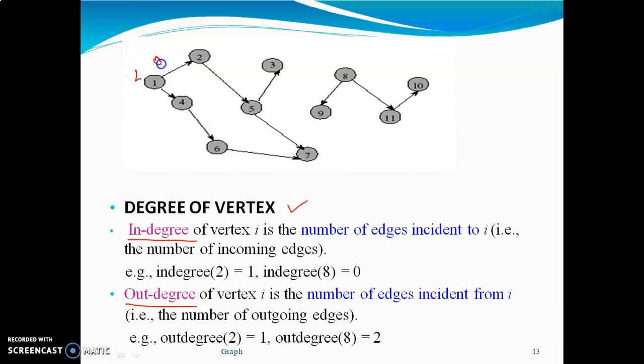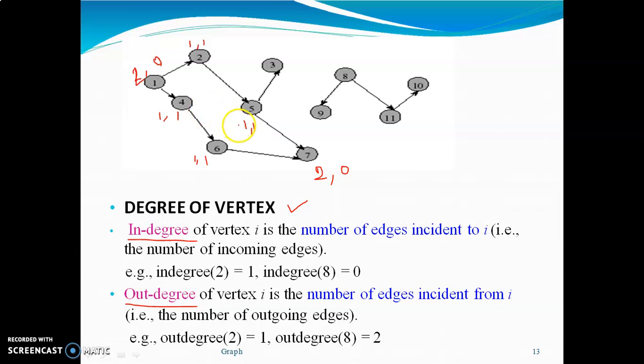Vertex 2 has 1 out degree and 1 in degree. And 4 also has 1 out and 1 in. And 6 also has 1 out and 1 in. And 7 has 2 in and 0 out. And 5 has 1 in and 1 out.